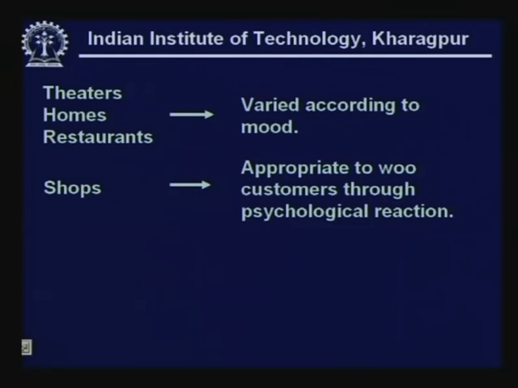As opposed to this, you have commercial sector involving shops. Shops would have varying levels and they need to be lit in such a way that the customer is attracted to the object that the shop wants to sell.